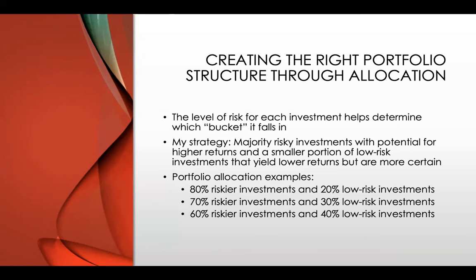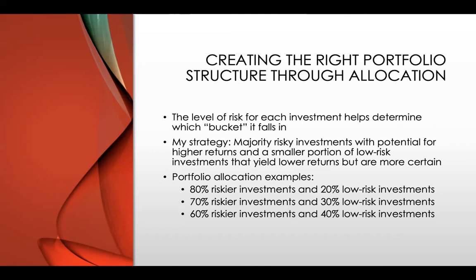A simple example of this is if you held Bitcoin and you held USD Coin. If the value of Bitcoin goes down, the value of your USD Coin did not change. So that's a diversified portfolio in a very simple sense, because you're maintaining a stable level of returns and of your money. As one asset goes down, you should try and create a portfolio that's diversified enough that the other assets either go up or they stay about the same, or they don't go down as much.